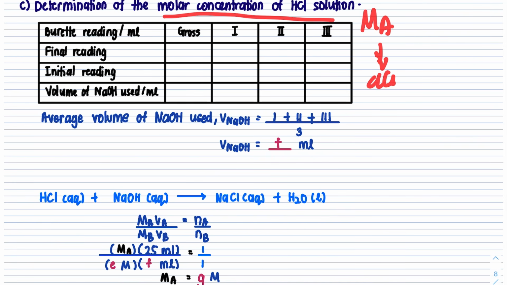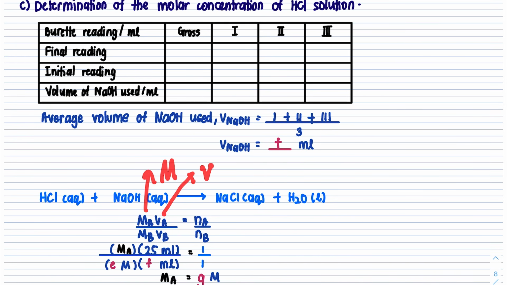A stands for acid. So this is the reaction equation for the reaction between HCl and NaOH. The same one, MAVA over MBVB over Na over Nb. M stands for molarity, V stands for volume. Again, I use the volume in ml, milliliter.